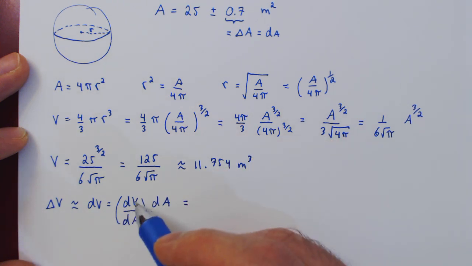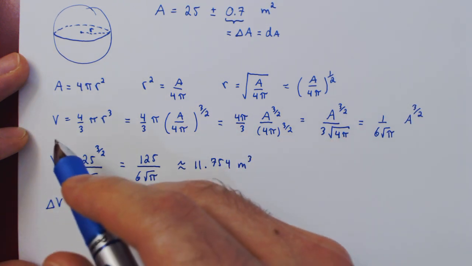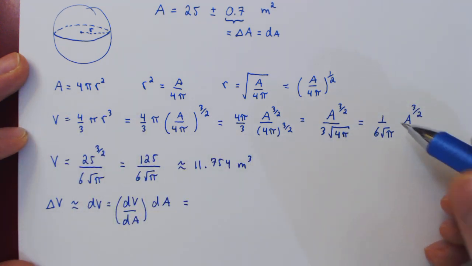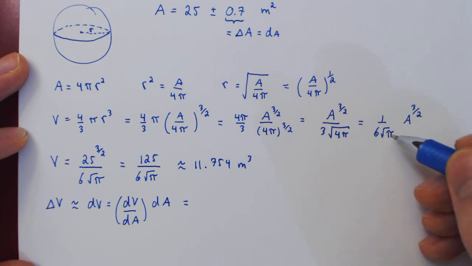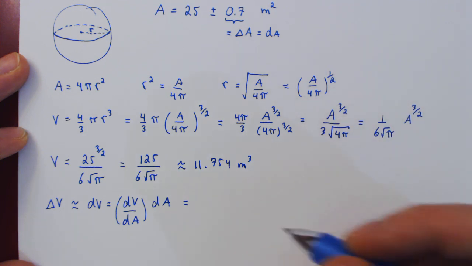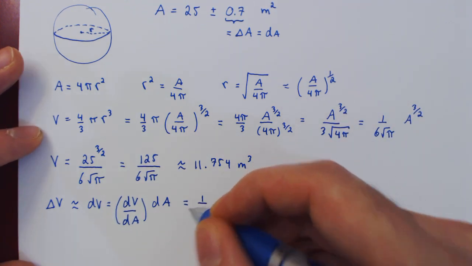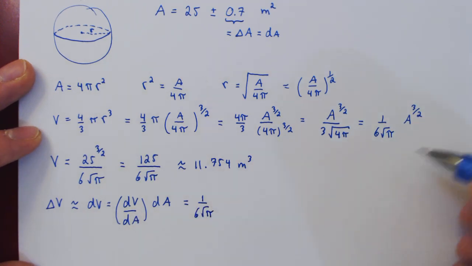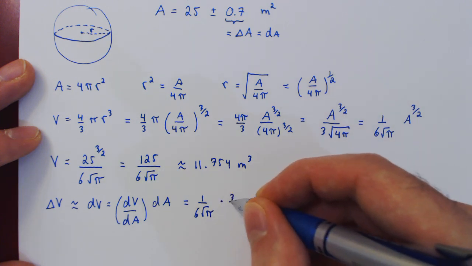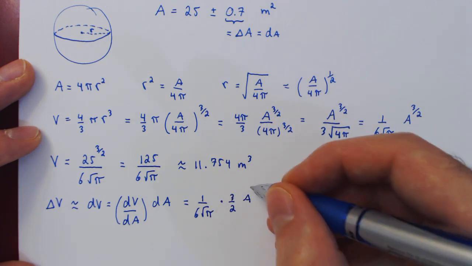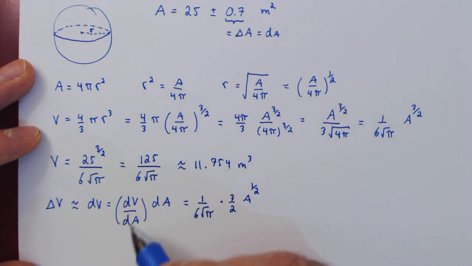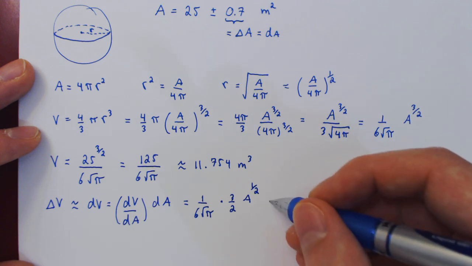Well, we have to differentiate now the volume in terms of A. So the volume is this in terms of A, so the derivative now, 1 over 6 root of pi stays as a constant multiple. And the derivative of A to the 3/2 from the power rule, bring down the exponent, subtract 1, 3/2 minus 1, 1/2. So we now have our derivative, dV over dA times, of course, dA.